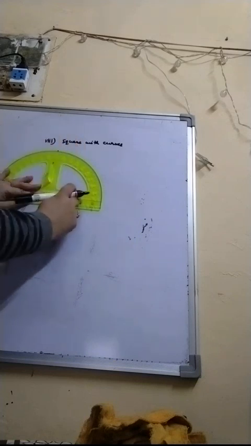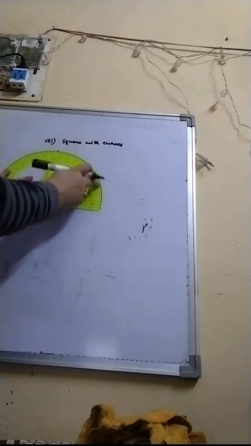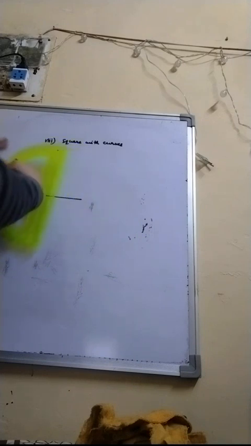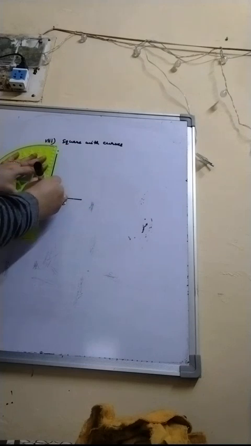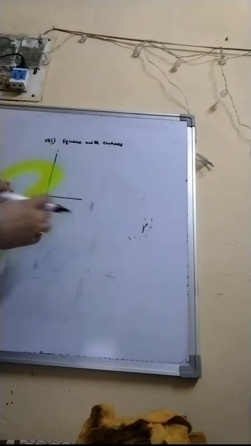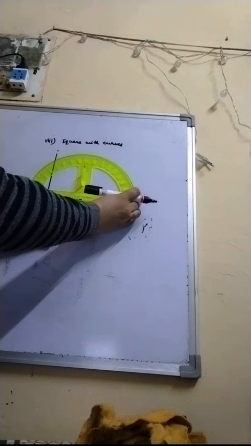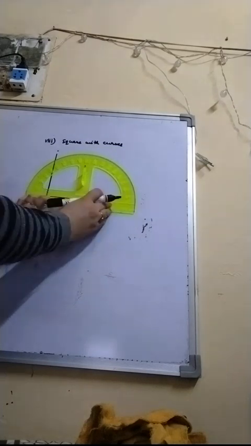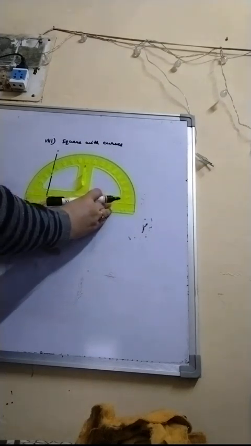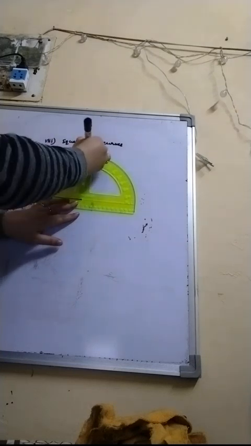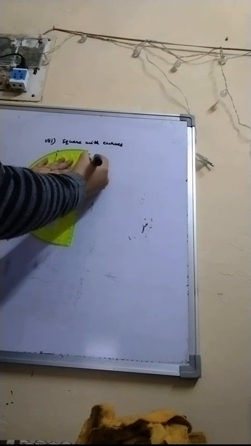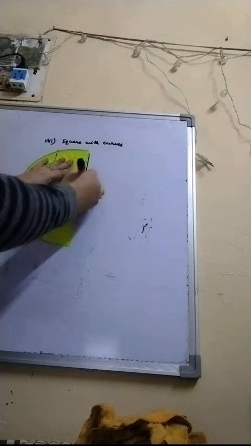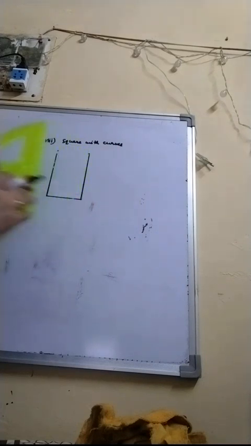Draw it aligning with the 0 line of the protractor. Start your reading from 0 and draw the line. Similarly, put the center at the second vertex, align with 0 and then put 90 degree here and you get another.